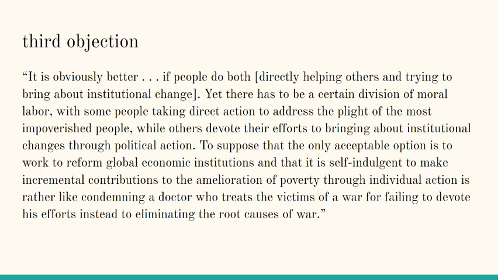But there has to be a certain division of labor. Some people taking direct action to address the plight of the most impoverished, others devoting their efforts to bringing about institutional change. To suppose the only acceptable option is to work to reform global economic institutions, and it's self-indulgent to try to directly help people in extreme poverty, would be like condemning a doctor who treats the victim of a war because the doctor is not instead trying to bring about a peace settlement.